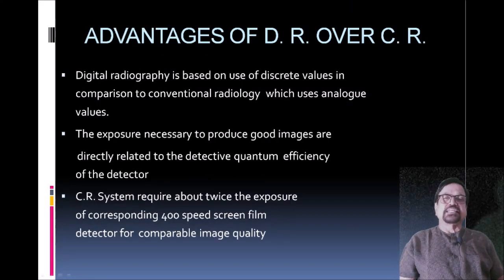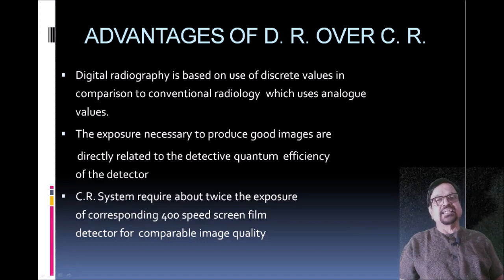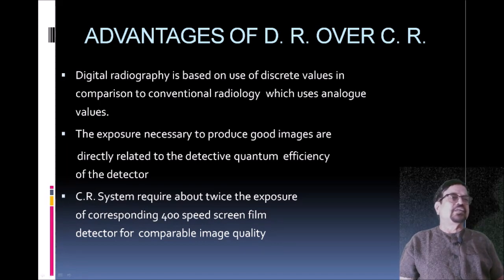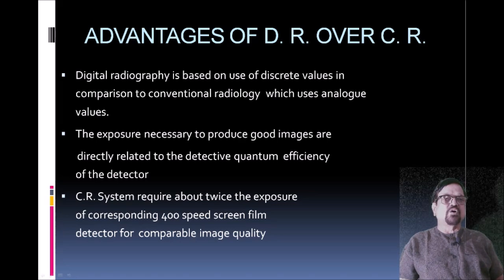Now, we have seen two techniques, DR and CR. Both are wonderful, but DR has the edge over all. Digital radiography is based on the use of discrete values, in comparison to conventional radiography, which uses analog values. The exposure necessary to produce good images is directly related to the detective quantum efficiency of the detectors.